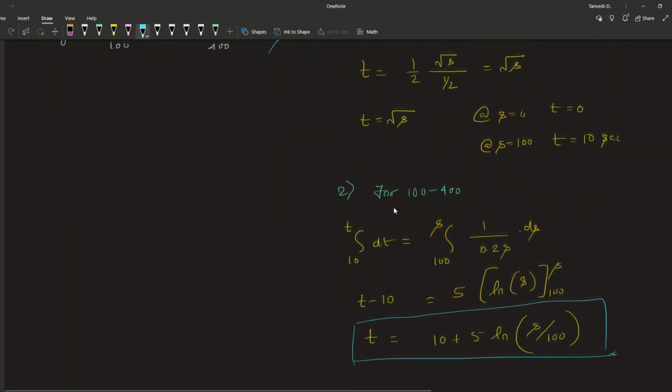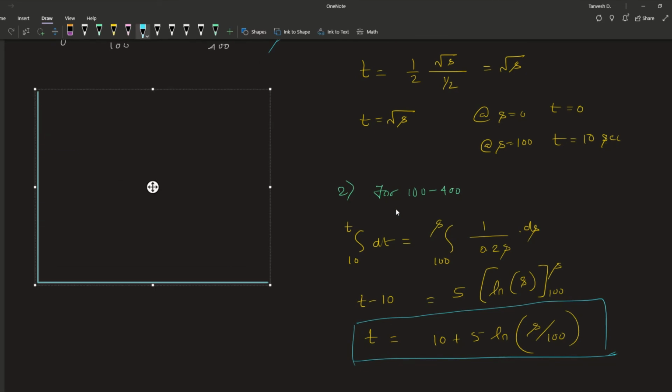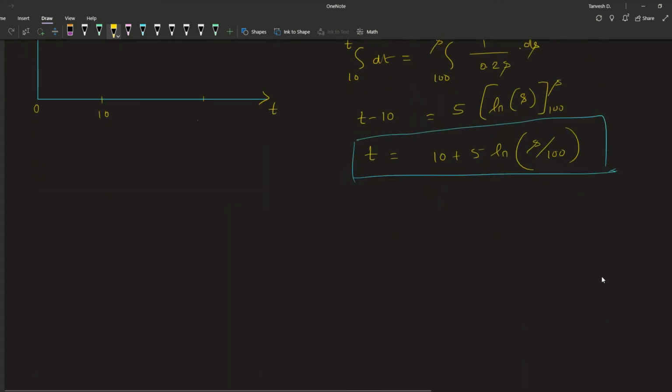So if we plot this, we will get the curve of displacement time. Now in this displacement time graph, the time will be on the x-axis and displacement will be on the y-axis. 0, 10, and the final value. Let us calculate that final value here. So at s equals 400, how much is t?